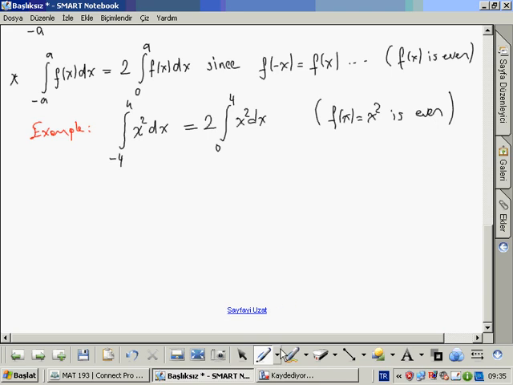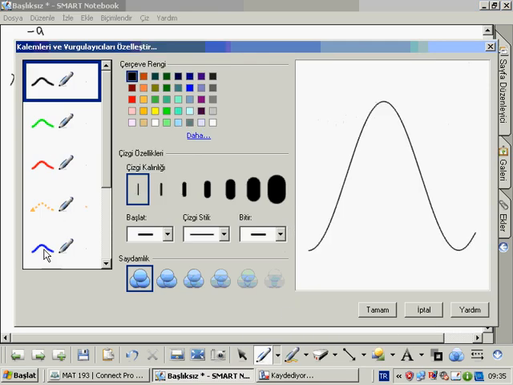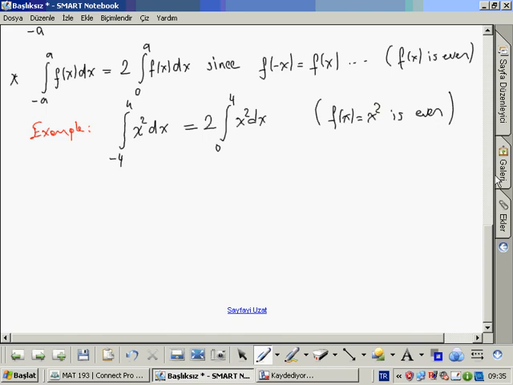Now let me give you the fundamental theorem of calculus.